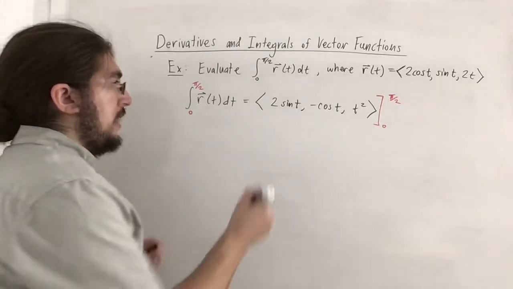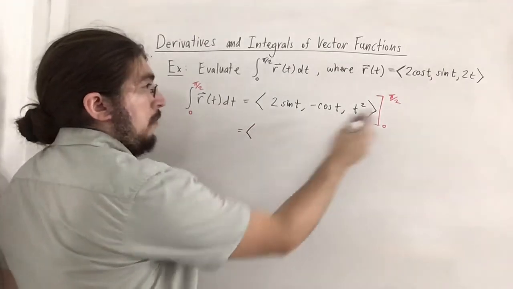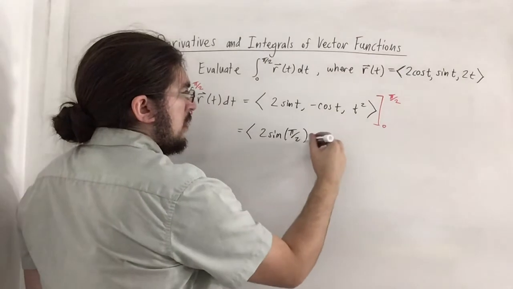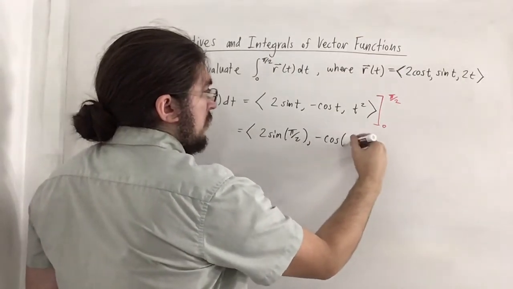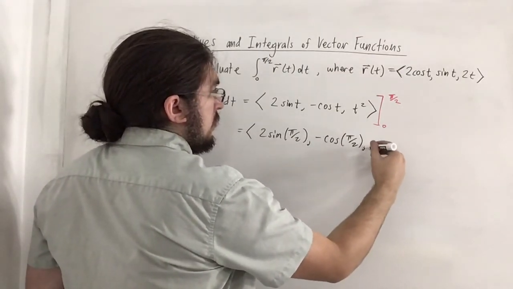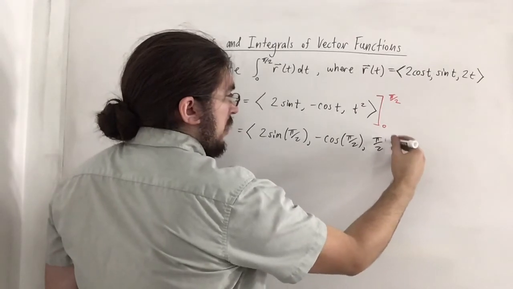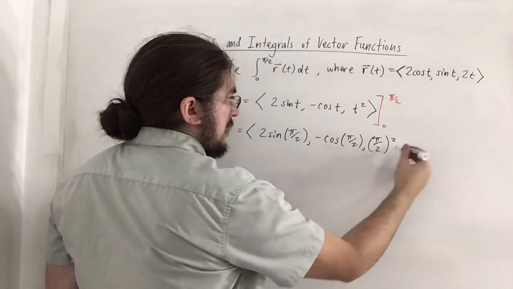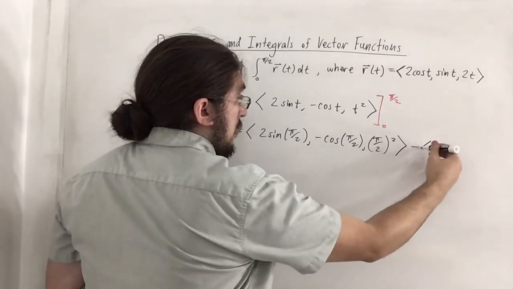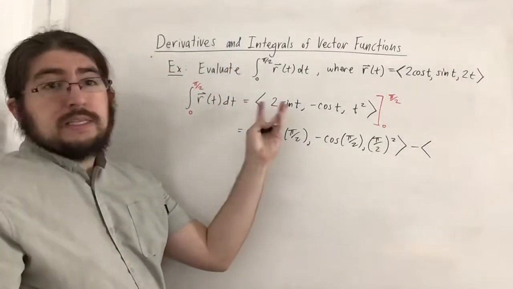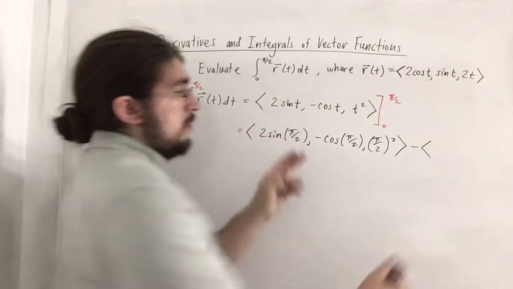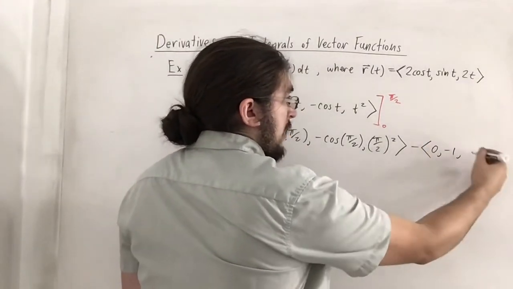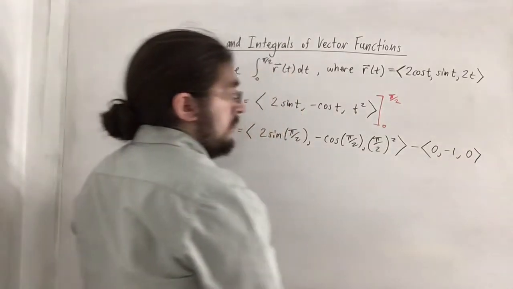When we plug in the top one, we get 2 times sine of pi over 2, negative cosine of pi over 2, pi over 2 quantity squared, and then minus the vector you get when you evaluate this at 0, which, notice, sine of 0 is 0, cosine of 0 is 1, so it's negative 1 for the second component. 0 squared is 0. Good.